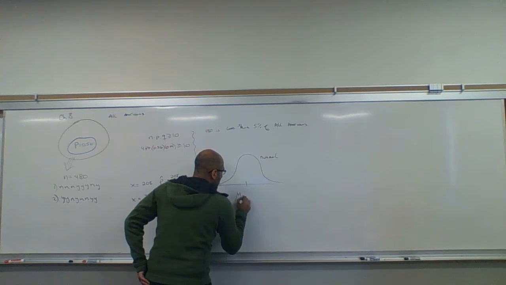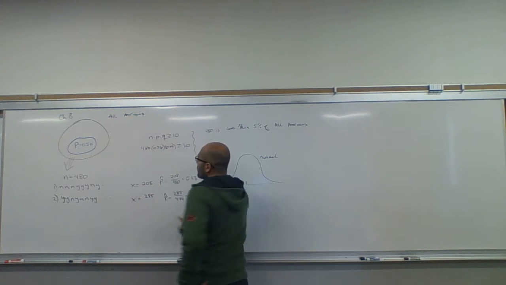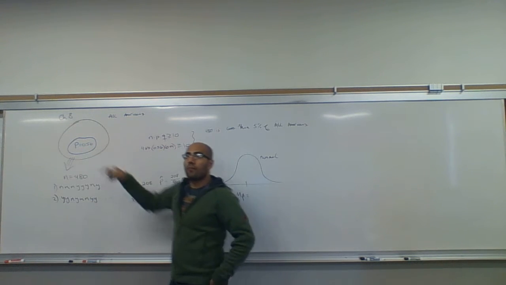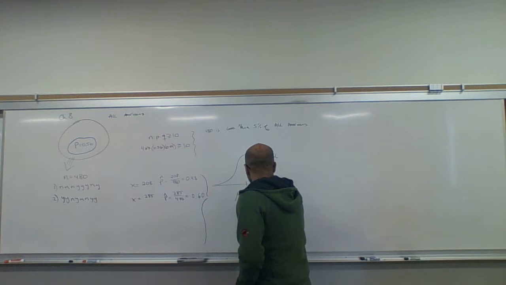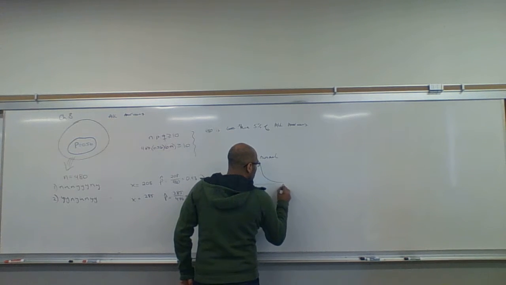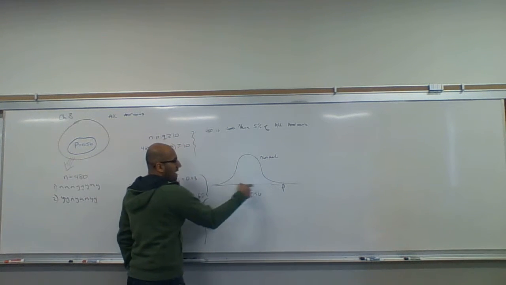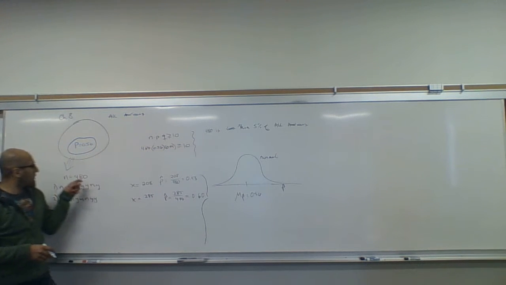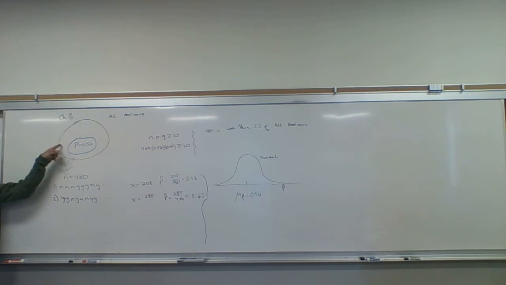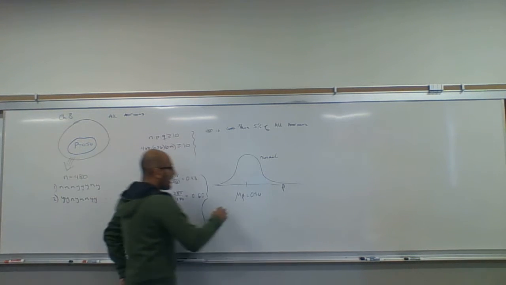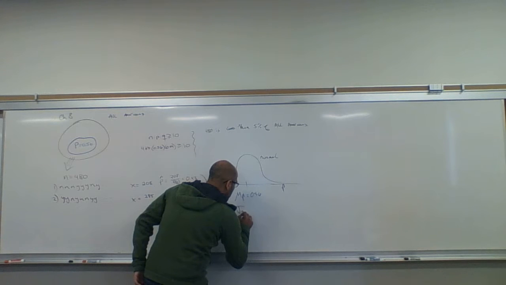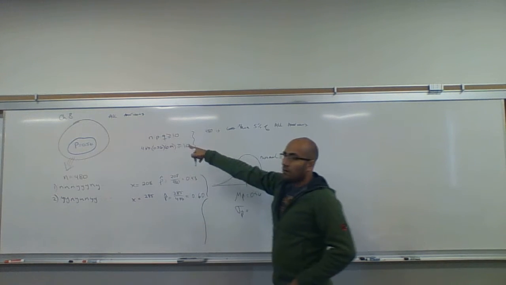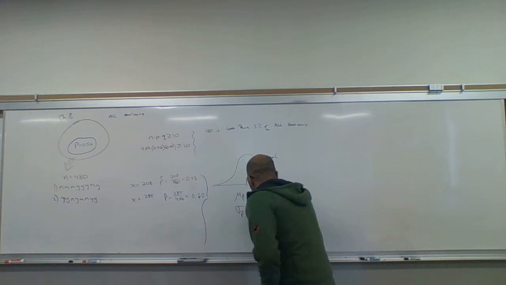We know that the mean of this p hat is equal to the population proportion, 0.56. Every little dot here represents a sample proportion where the sample size is 480 and it comes from that population of all Americans. The standard deviation of this p hat is the square root of p times q divided by n.